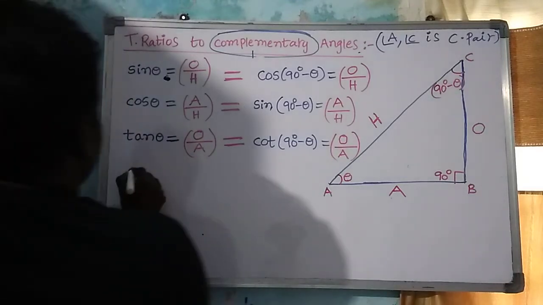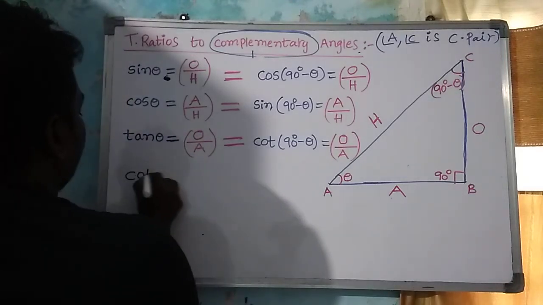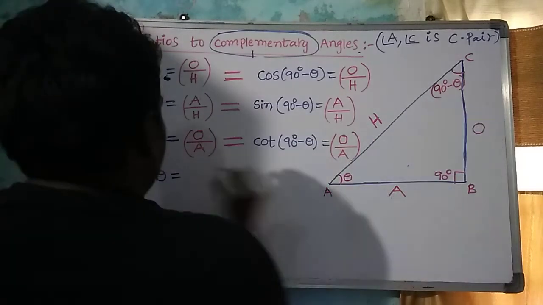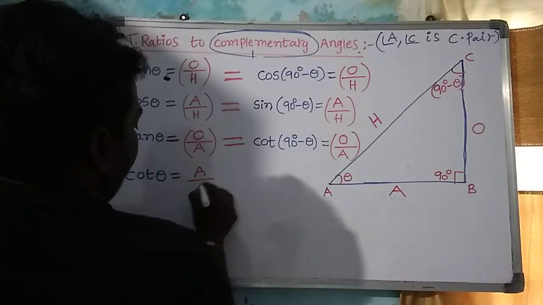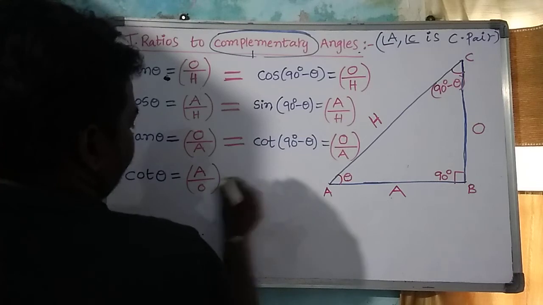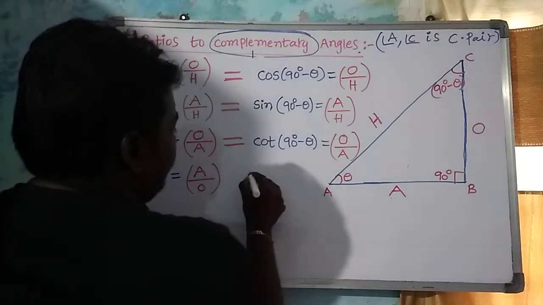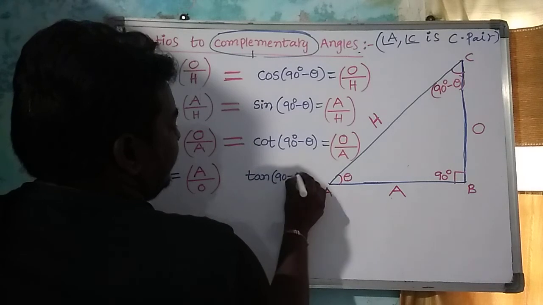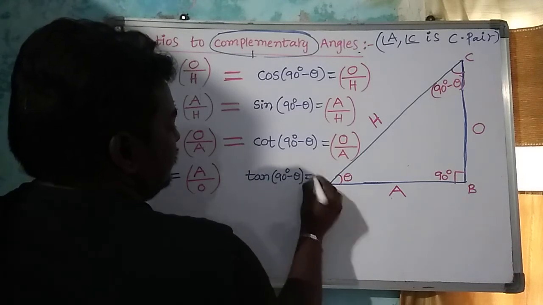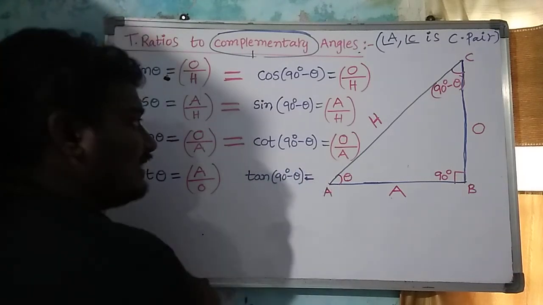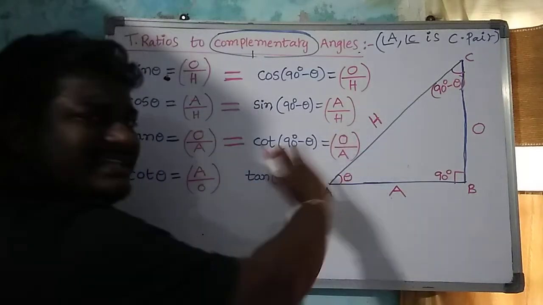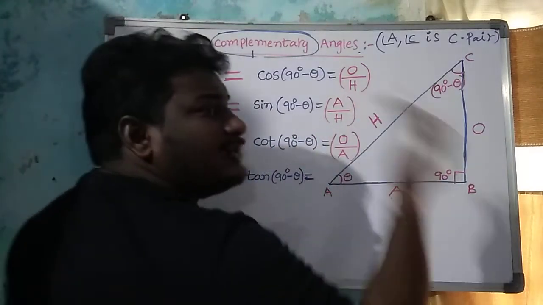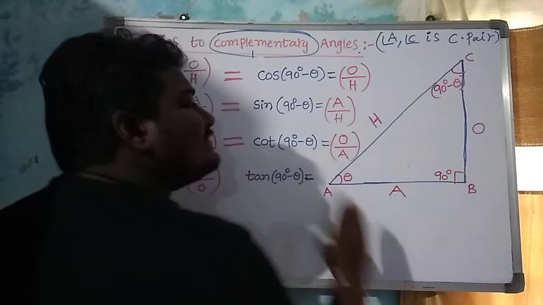Next, what about cot theta? Cot theta equals adjacent side by opposite side. If you take tan 90 minus theta, our reference is changing, so the opposite is becoming adjacent and the adjacent is becoming opposite.